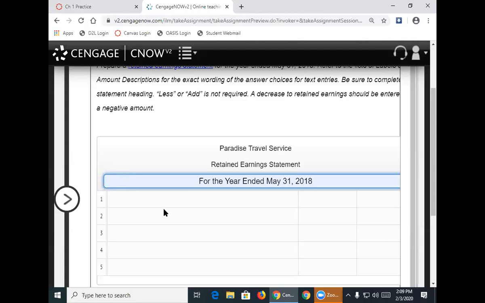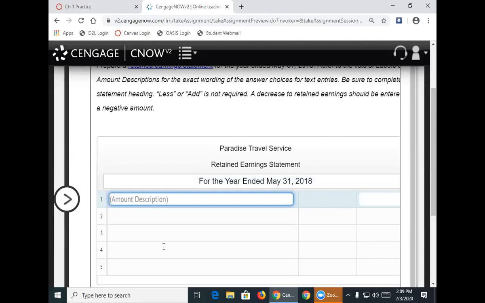Okay. So when we do our retained earnings statement, we want to calculate our ending retained earnings. How much of all the earnings we've made throughout the whole life of this company are we retaining or keeping? So we always start with the beginning balance, and they gave us that amount. They told us in our instructions that our retained earnings as of June 1st, 2017 was $300,000.